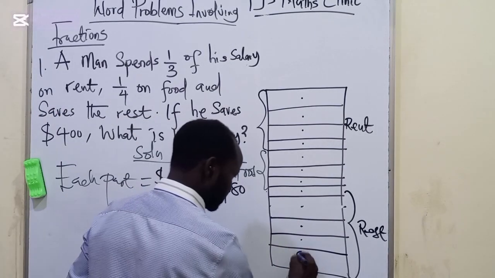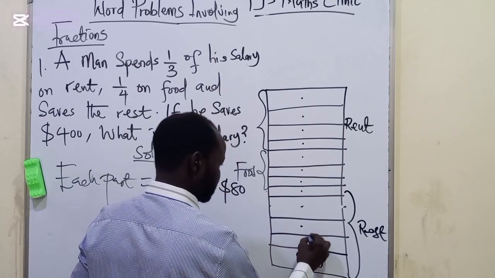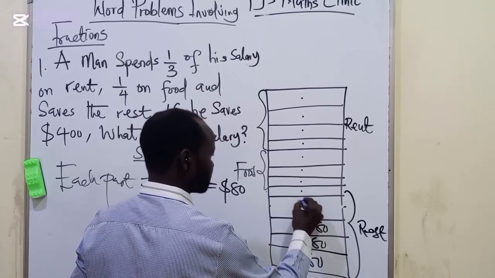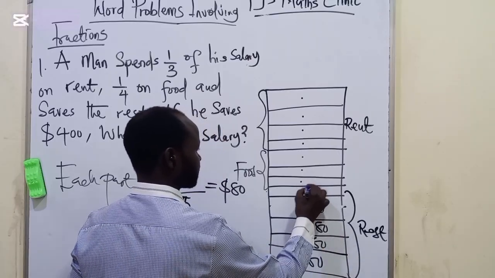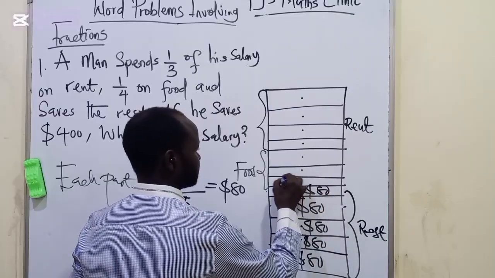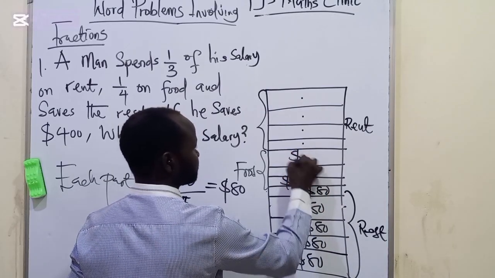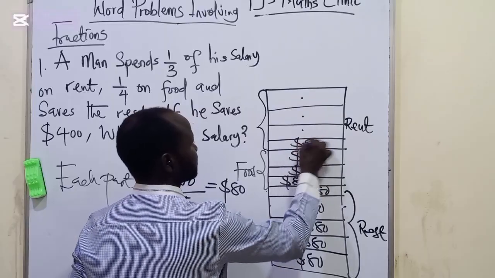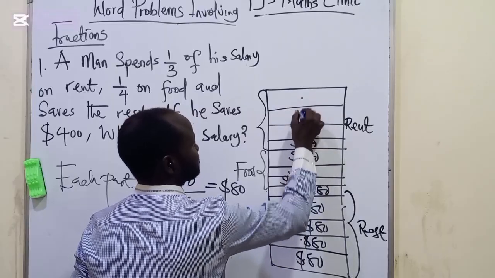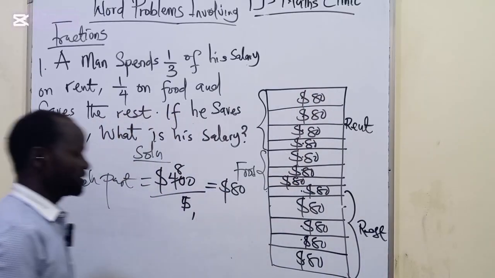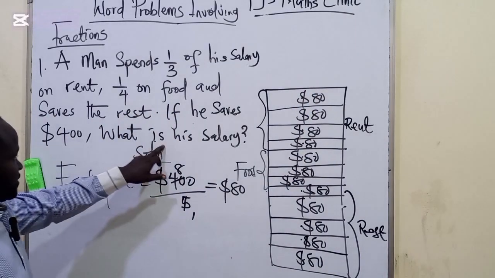It means here will be $80, here too will be $80, the same to here, and the same to every other part. So what is his salary?